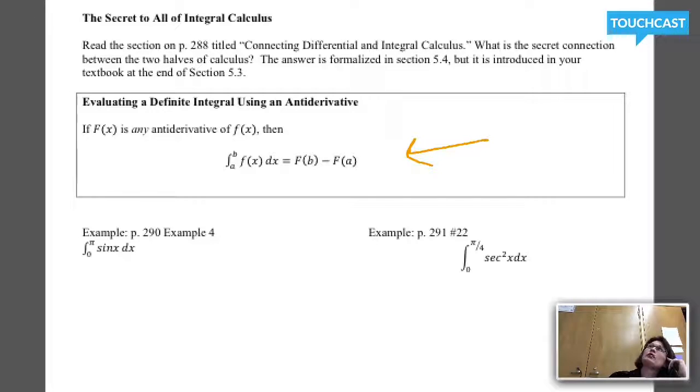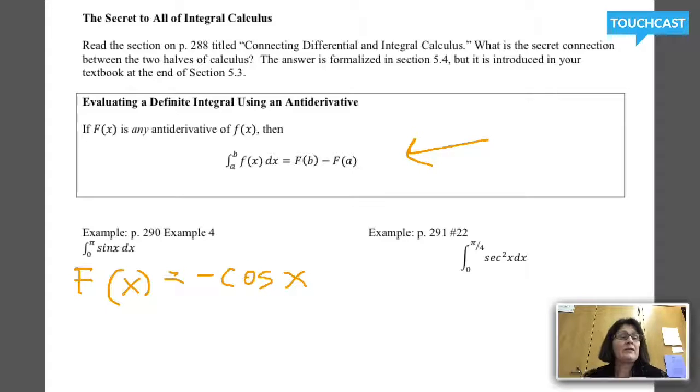So when I think of sine, I always think of cosine. They're like brothers. So if I take the derivative of cosine, do I get sine? No, if I take the derivative of cosine, I get negative sine. So the antiderivative of sine is negative cosine. I'm going to write myself a note. I'm going to think of an antiderivative of sine as negative cosine x.